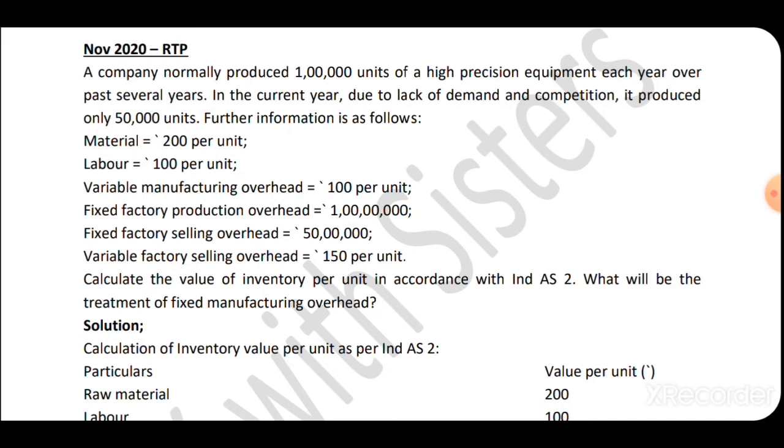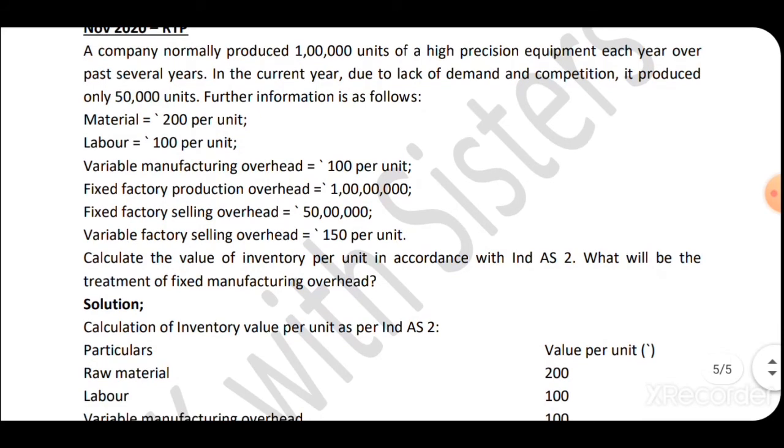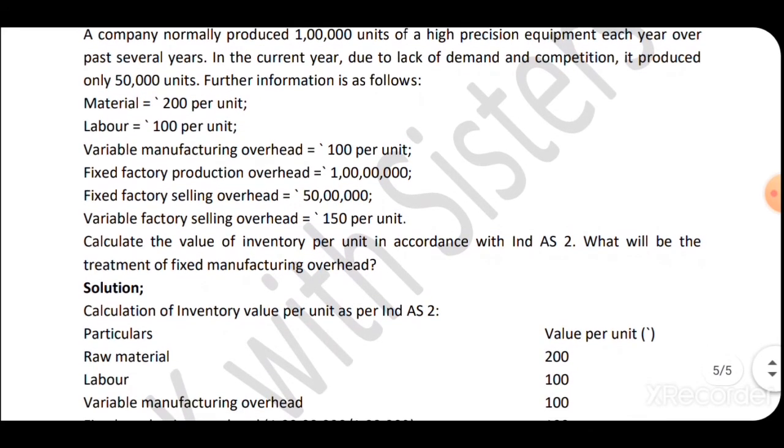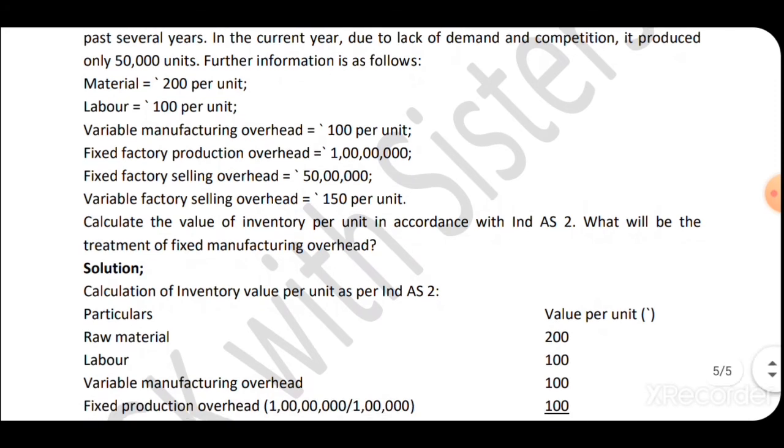Material 200 per unit, labor 100 per unit, variable manufacturing overhead 100 per unit, fixed factory production overhead, that is 100 lakhs for the whole, not per unit. It is not given as a per unit value, it is the whole total cost. Fixed factory selling overhead is 50 lakh rupees, variable factory selling overhead is 150 per unit.